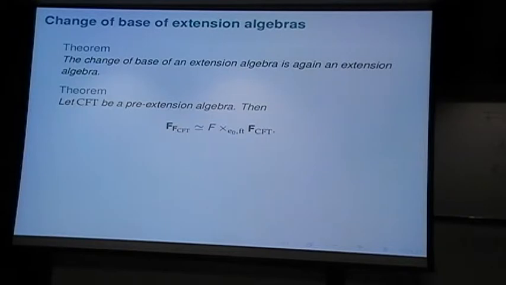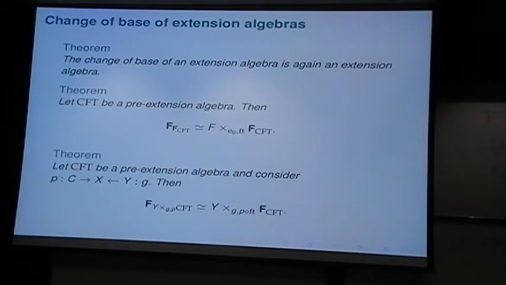If you apply it 2 times, you get something that's equivalent to a change of base. And if you apply F to something that's already a change of base, you get the change of base. So these things commute. Okay, so this is all we need to know about extension algebra.